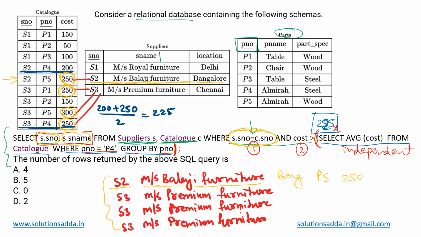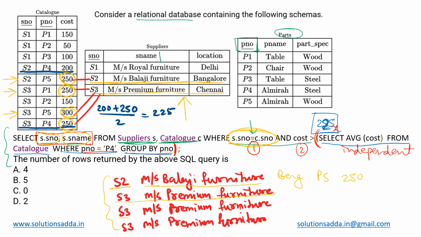Then for next we can see the S number is S3. So this tuple will be combined with the corresponding S3 tuple in the supplier table. This one, MS Premium Furniture. So that has also been shown over here. Then the third one is again S3. So it will also be combined with the same tuple in the supplier table.